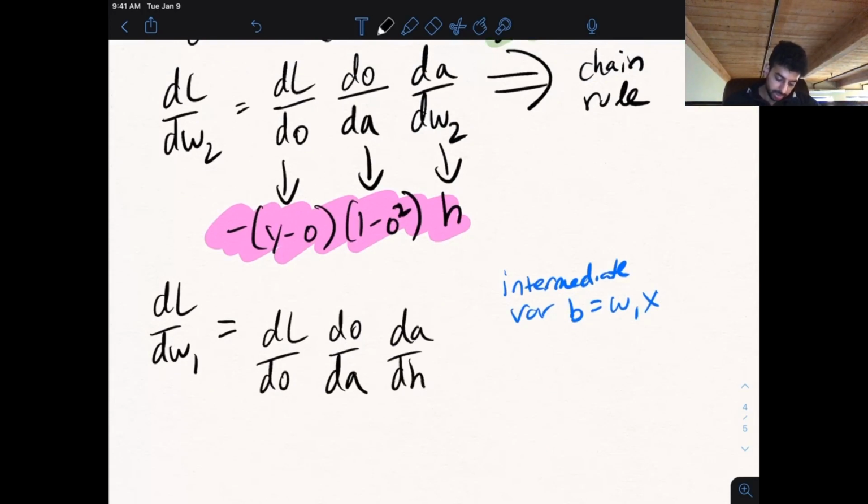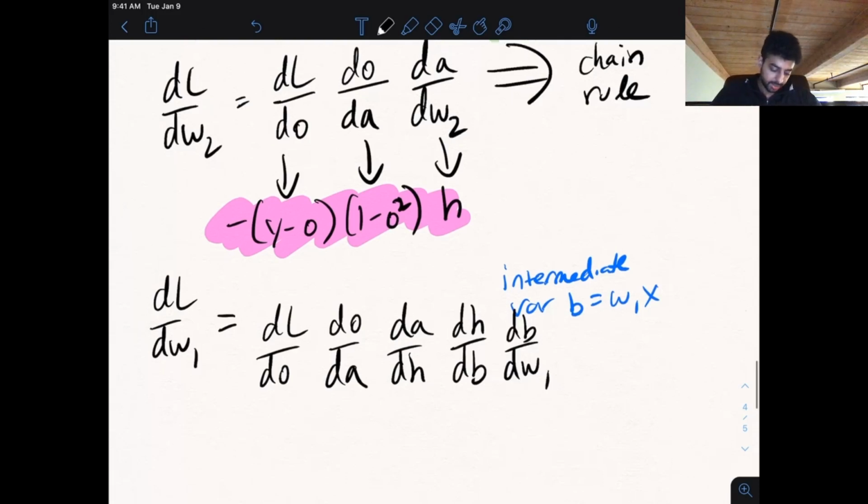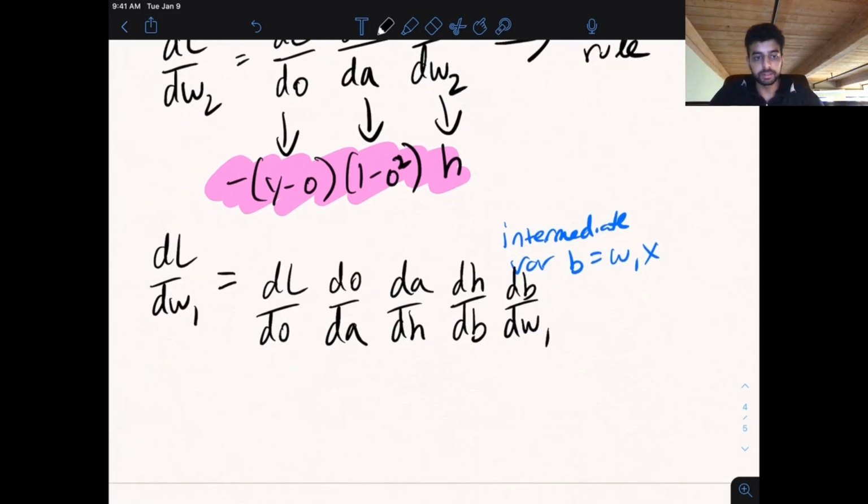And now we know that H is made up of this intermediate variable, which itself includes this computation of W sub 1. So if I were to compute all of these individual derivatives and multiply them together, I would get the partial derivative of L with respect to W sub 1.